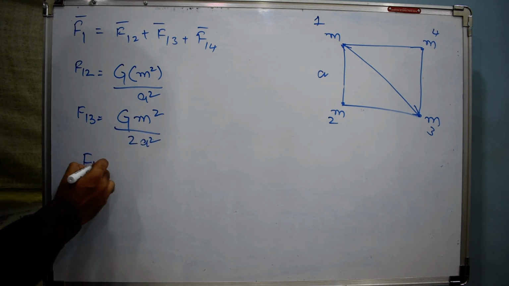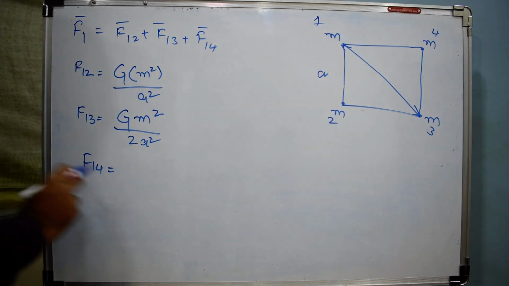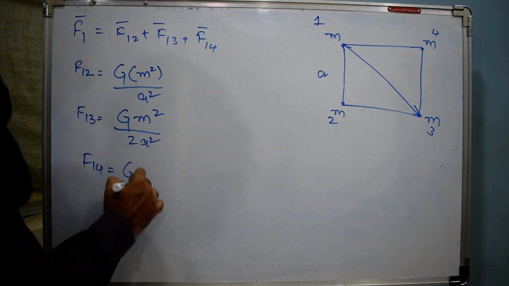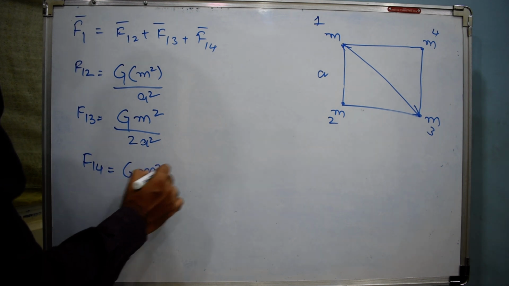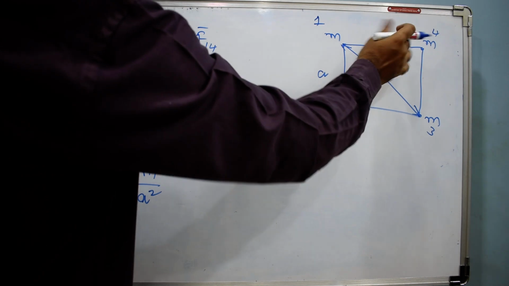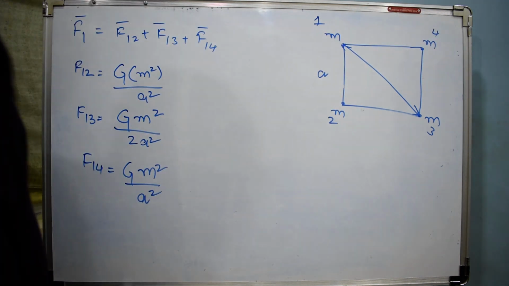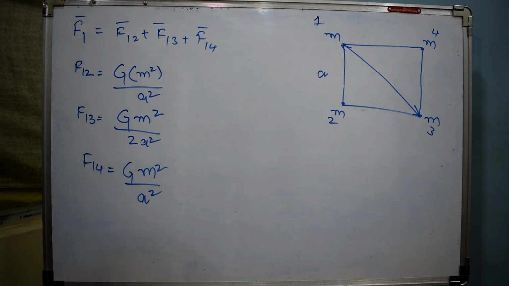And the force acting on 1 due to 4, this one, will be G into the product of the masses, m square, by the square of the distance between them. Since these are adjacent corners of this square, the distance between them will also be equal to a.